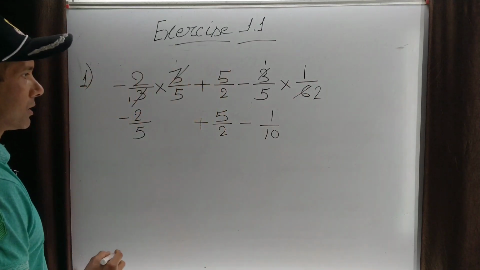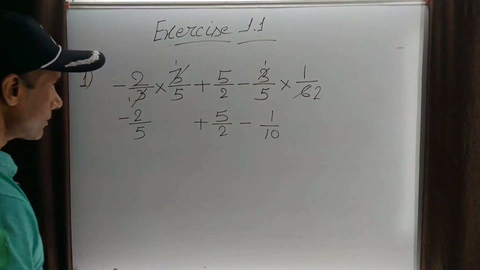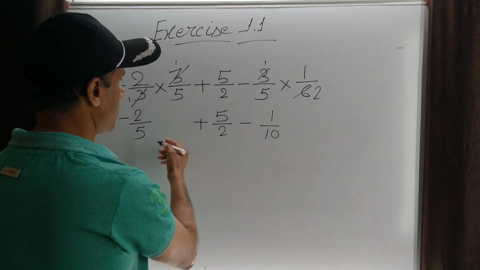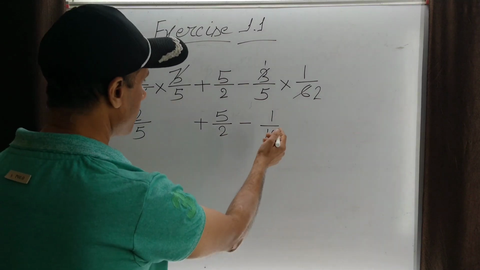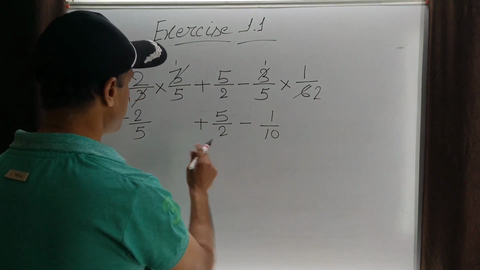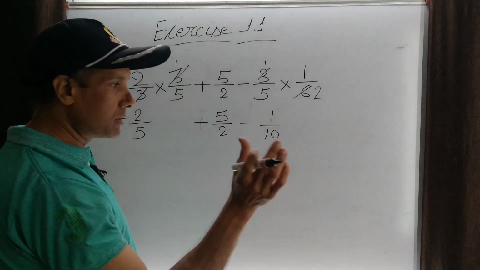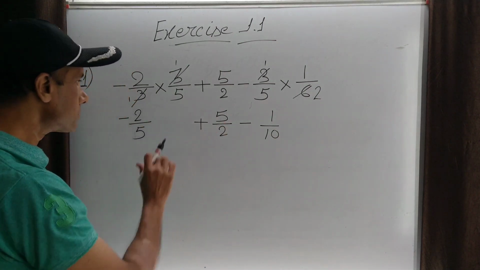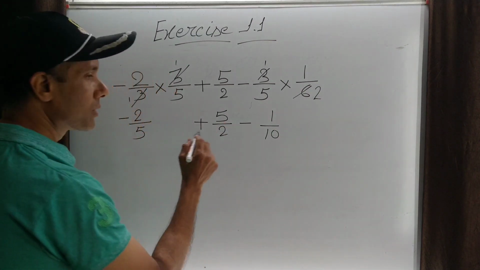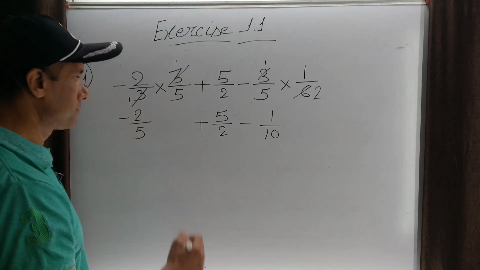Now subtraction and addition, and you can see how we go about it. We have to take the LCM, right? Actually the idea is to get the denominator common, so you can deal with the numerators over a common denominator. To get the smallest common denominator, we take the LCM, correct?